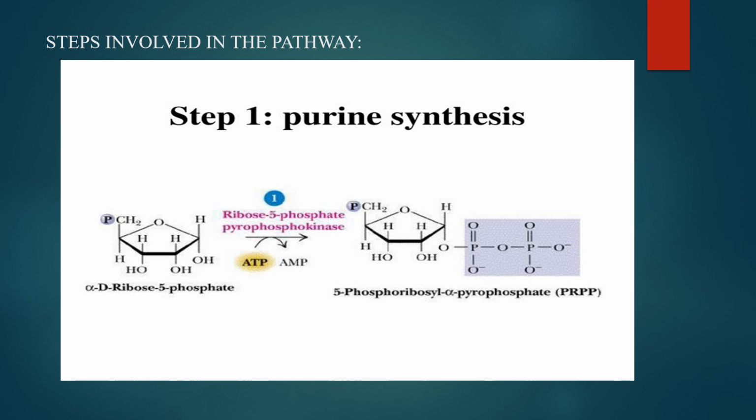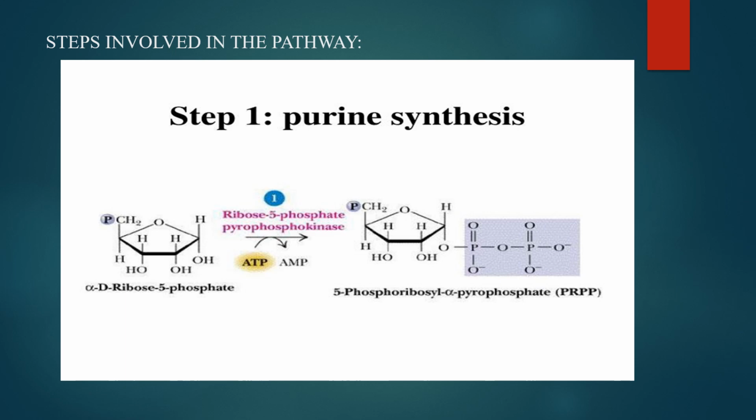Let's have a closer look at the purine synthesis pathway. Normally, ribose sugar is in an inactive form. It has to be activated for the synthesis of purine nucleotides by adding a phosphate group at the fifth position of the ribose sugar. This can be done through carbohydrate metabolism by the EMP pathway or pentose phosphate pathway.